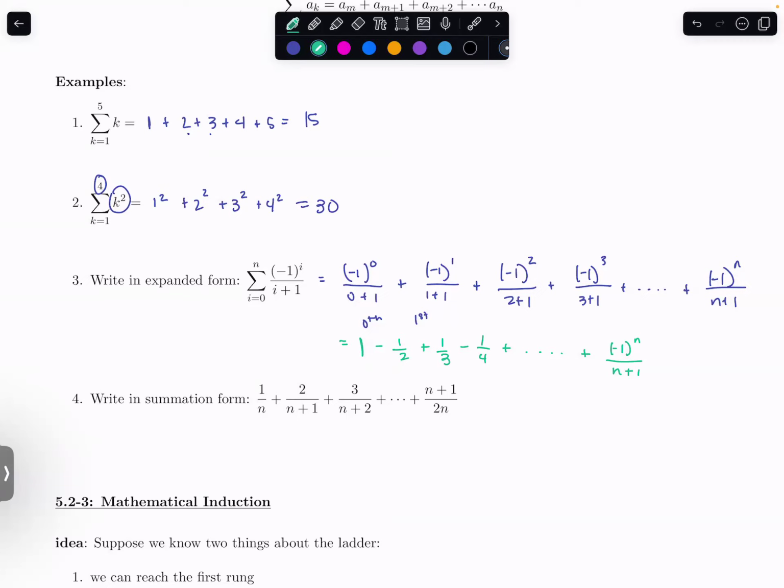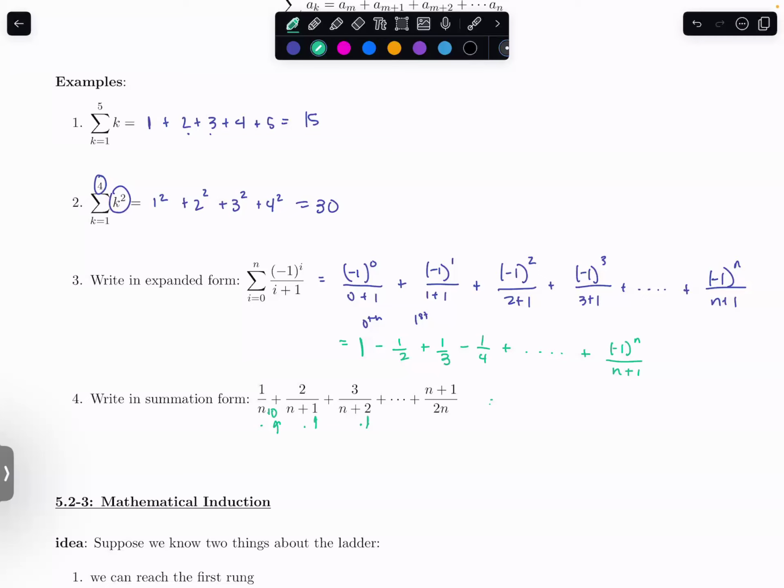The summation form for this one, we're going to write what it is. So you have 1 over n plus 2 over n plus 1 plus 3 over n plus 2. So it does appear that we maybe are counting up here. But if I'm looking at this, it's going to be easier for me to call this the 0th, the 1st, the 2nd entry.